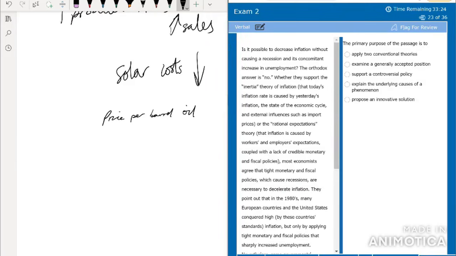Okay. Is it possible to decrease inflation without causing a recession? Its concomitant increase in unemployment.